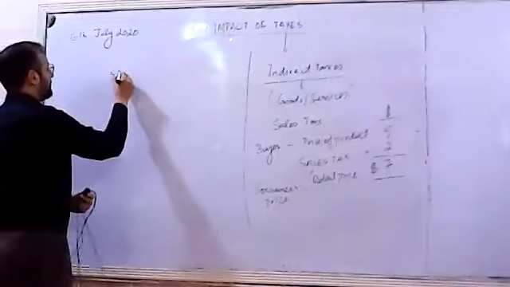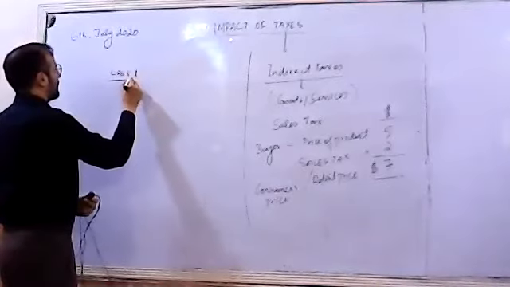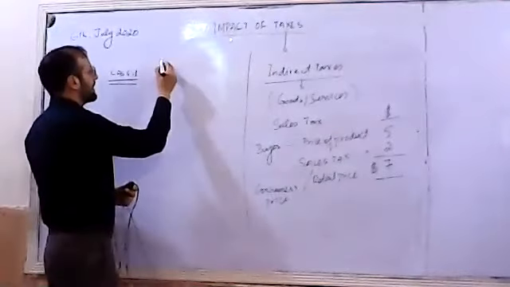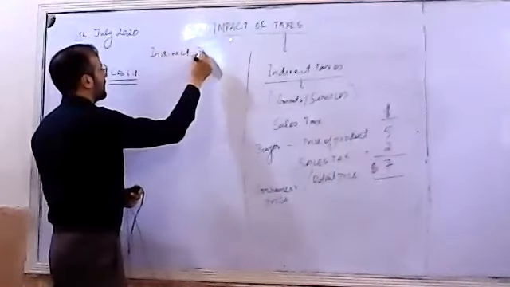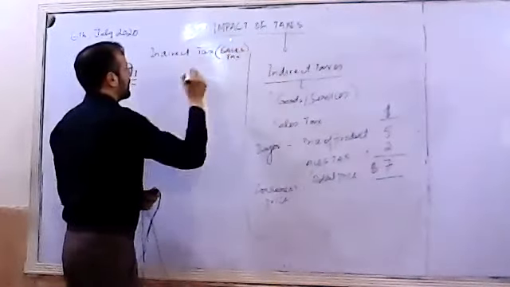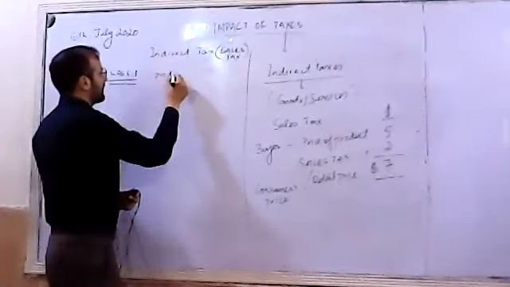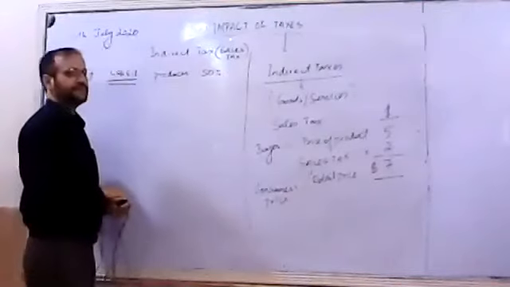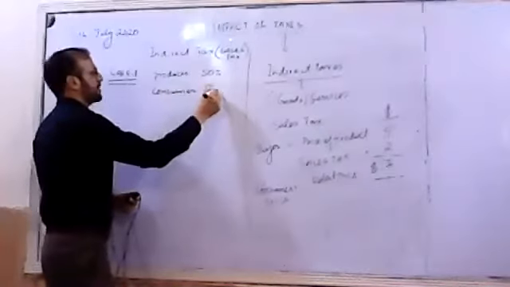We have case 1. Case 1 says that whenever an indirect tax like sales tax is imposed, the producers want to pay 50% and transfer 50% of the burden to the consumer.